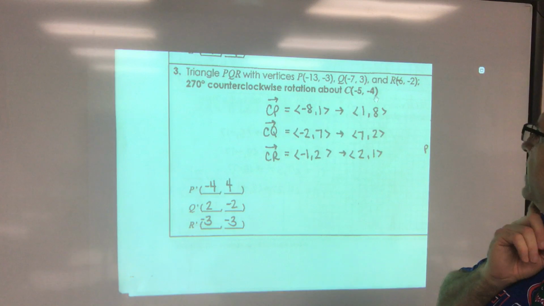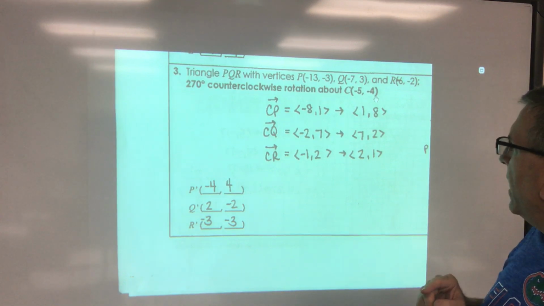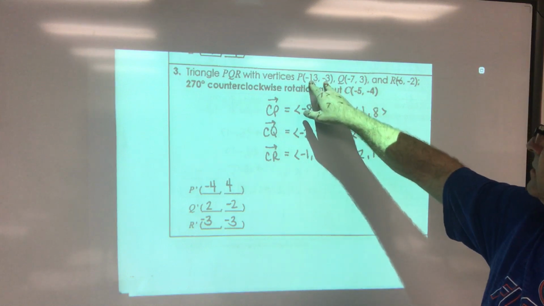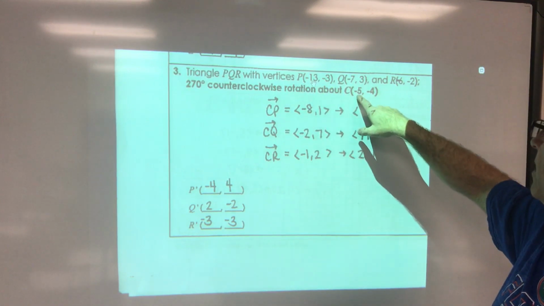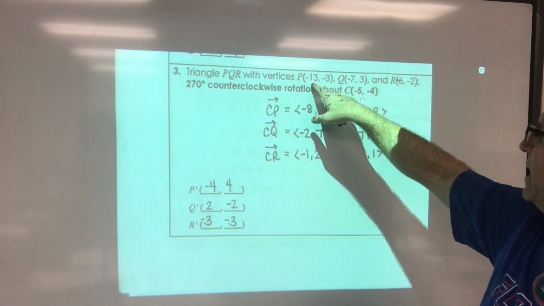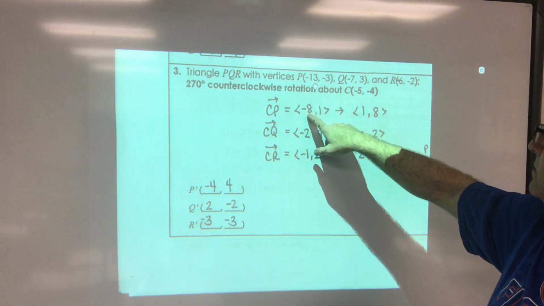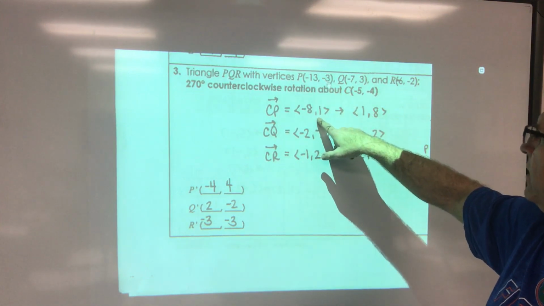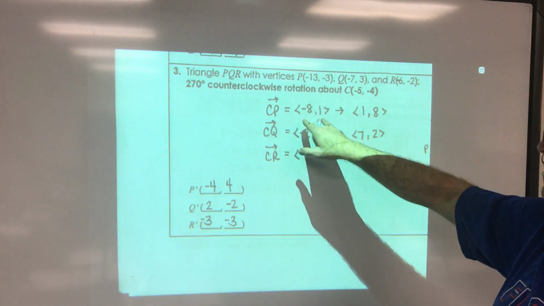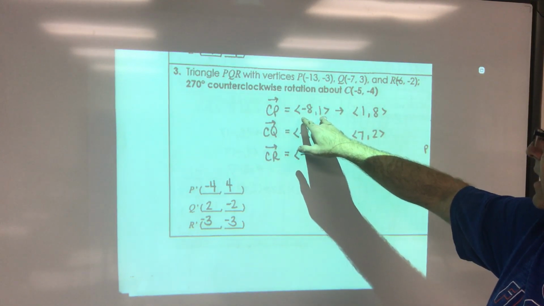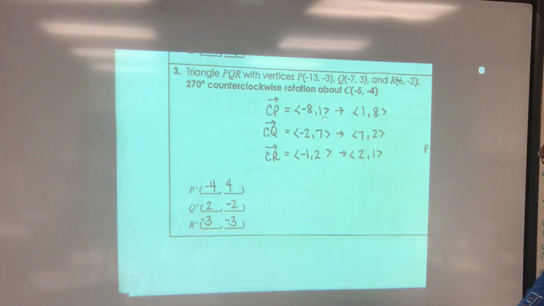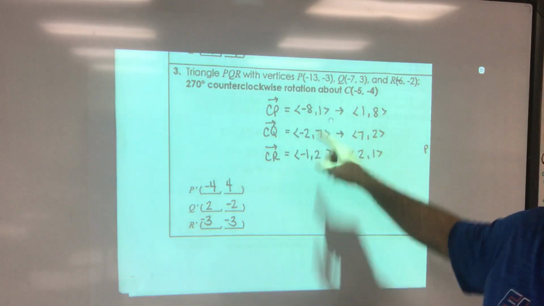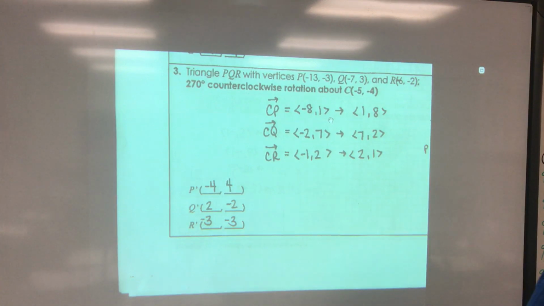The first thing that we have to do is create a vector from this point to here. So my vector would be -5 to -13, and that's going to be -8. -4 to -3, it's going to be 1. Now if I'm going 270 counterclockwise, I take what's in this vector and I use the rules over on the wall.